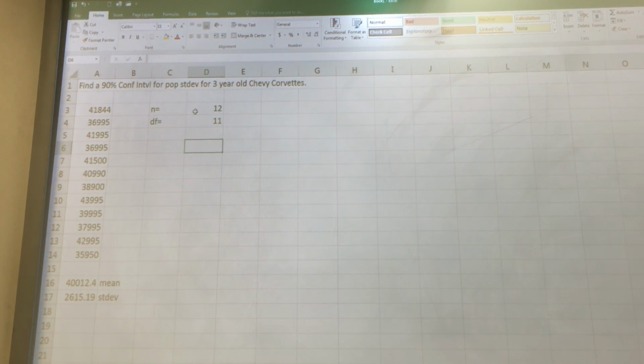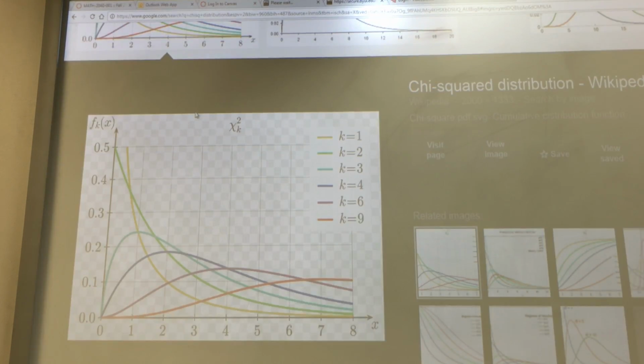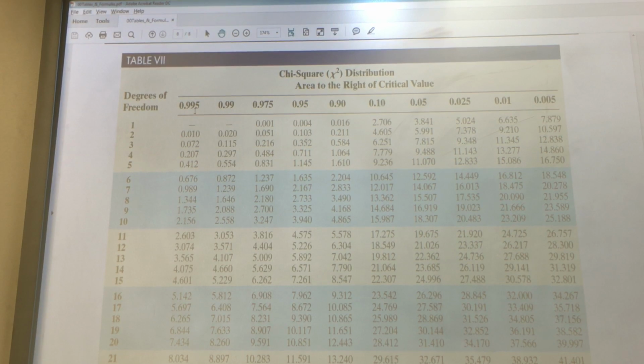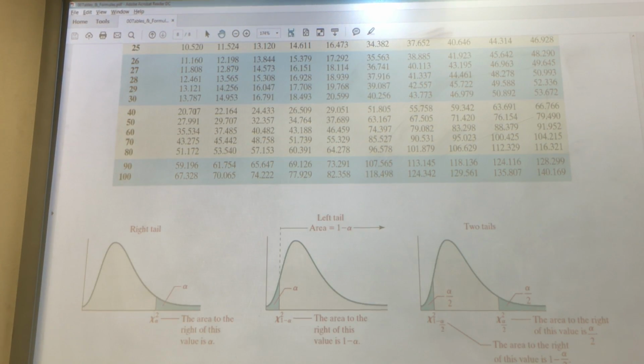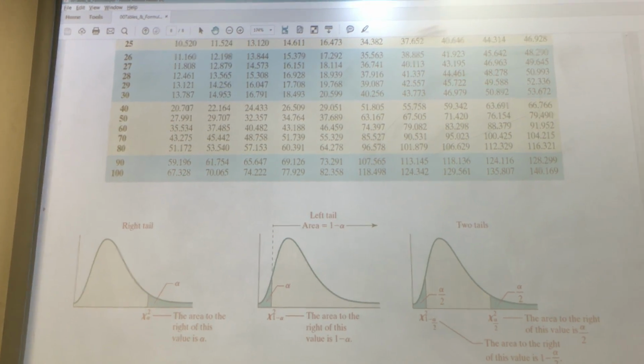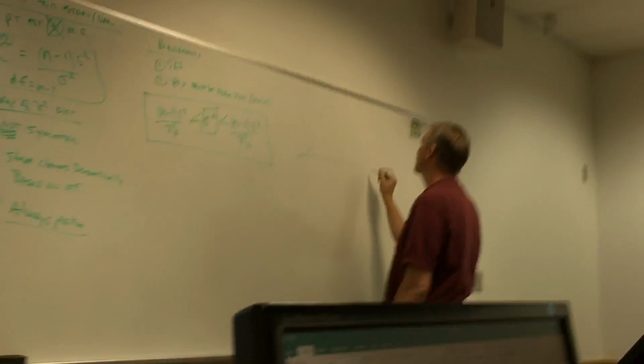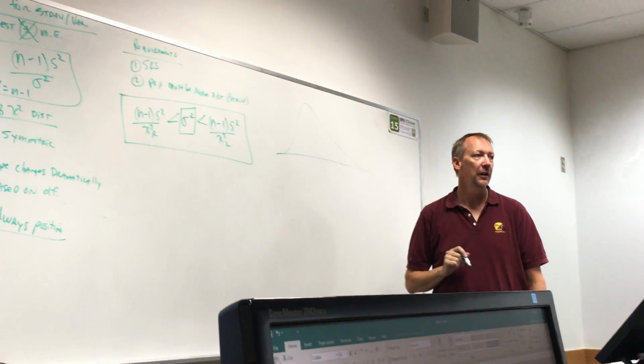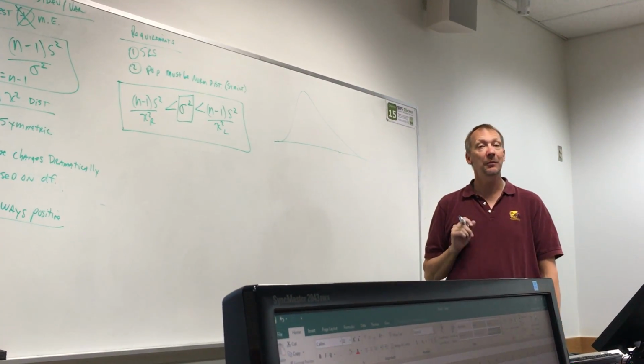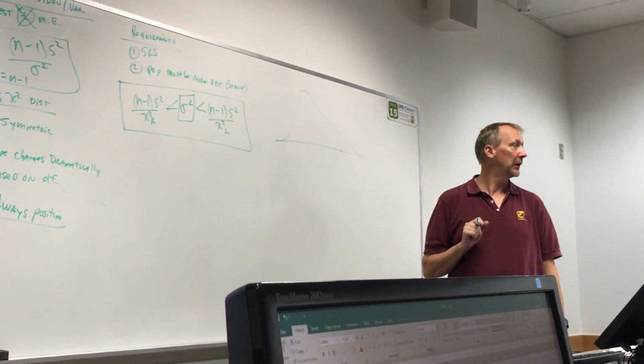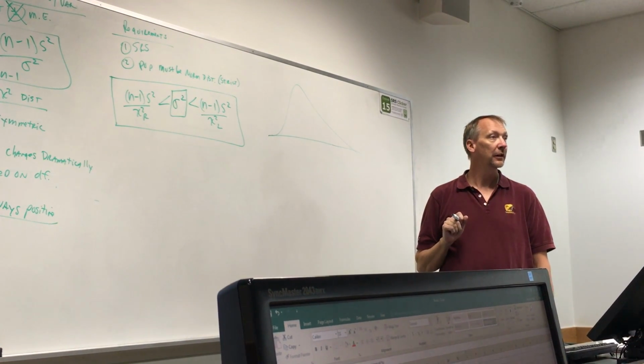So let's talk a little bit about that. Typically, I know I told you that those change drastically, but kind of what they drew at the bottom is kind of how it looks. It's not symmetric at all. Now, with a 90% confidence interval, what do I want?